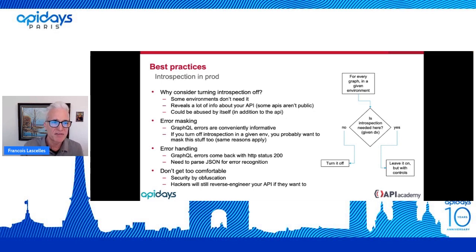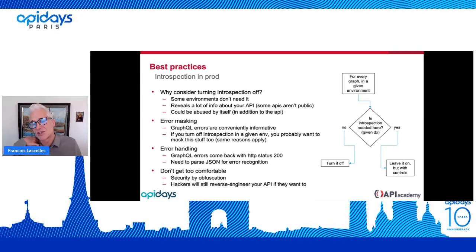The idea is that some environments just don't need it. Introspection, first of all, reveals a lot of information about your APIs, and some APIs aren't public, and that information is not necessarily supposed to be public. But not just that, the introspection itself could be abused in addition to the API. So this is something extra that you need to worry about.